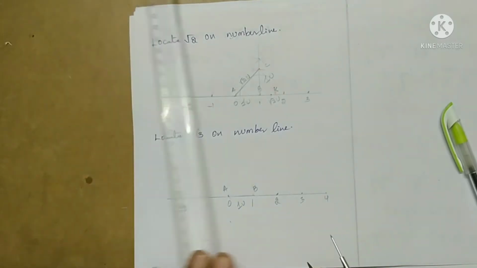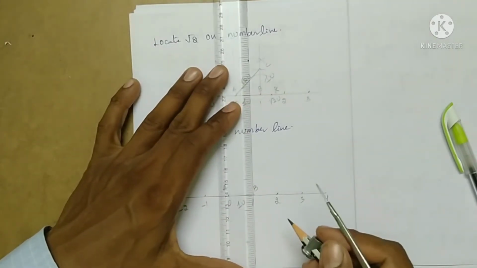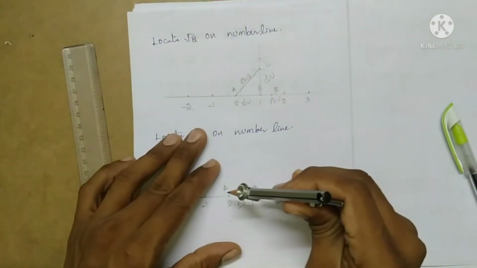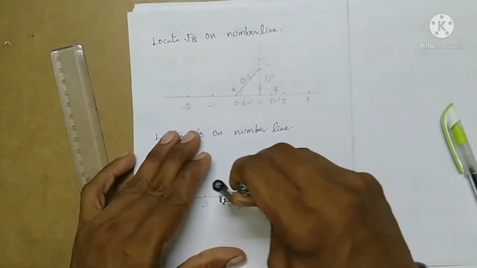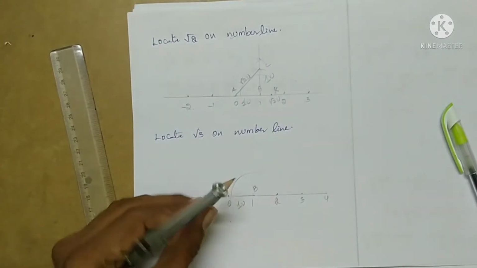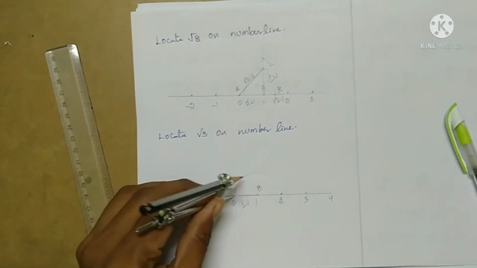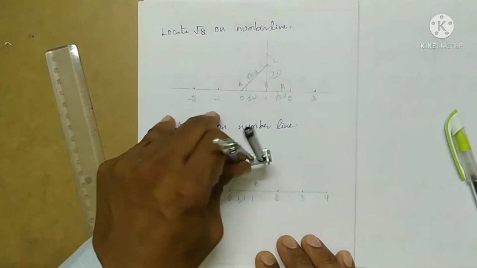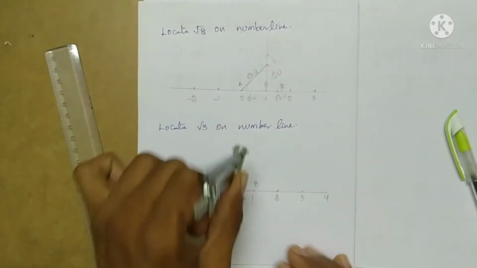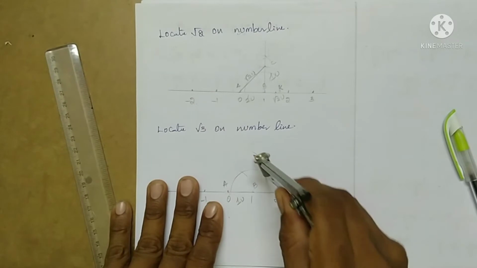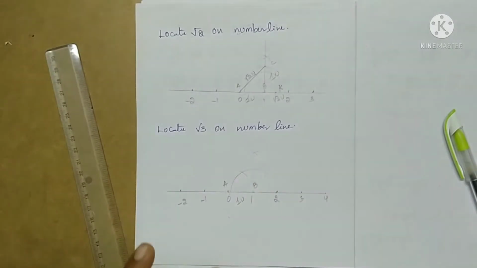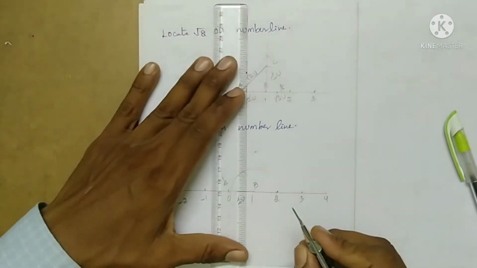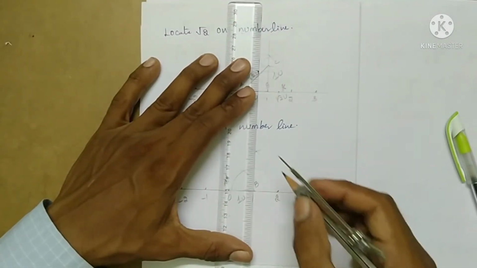So the perpendicular line measure is also 1 unit. Let's draw the perpendicular line. You can draw with a protractor also.